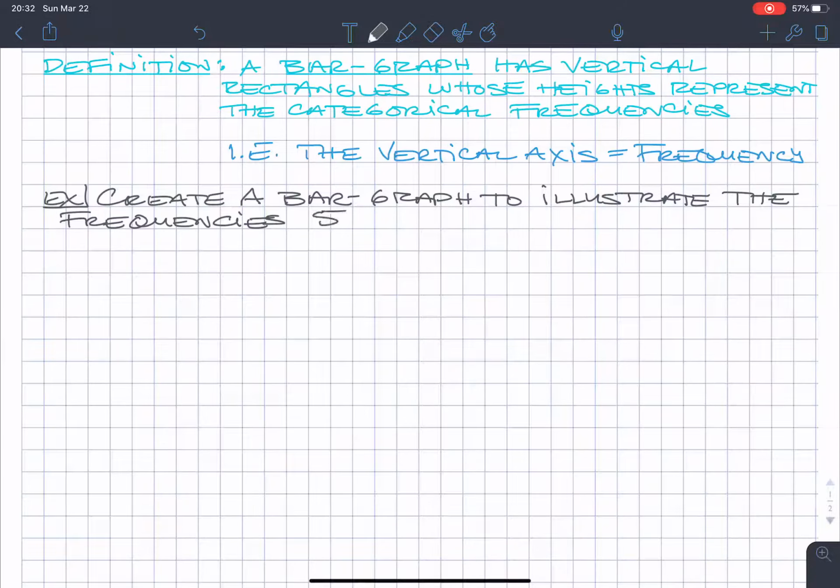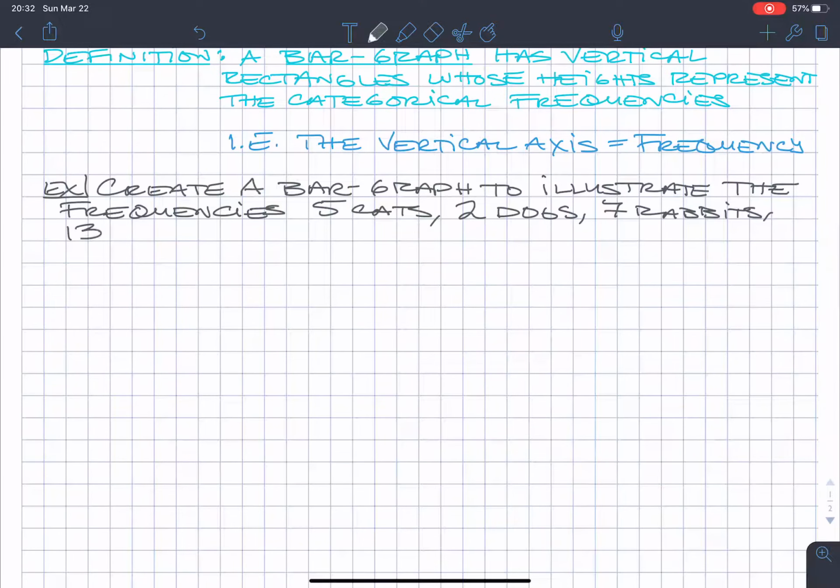Let's do 5 cats again, 2 dogs, 7 rabbits, 13 fish, and 1 ferret.